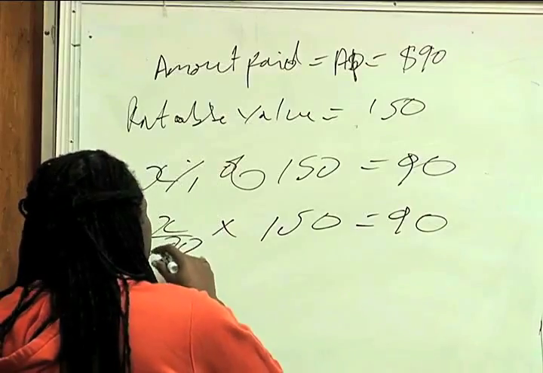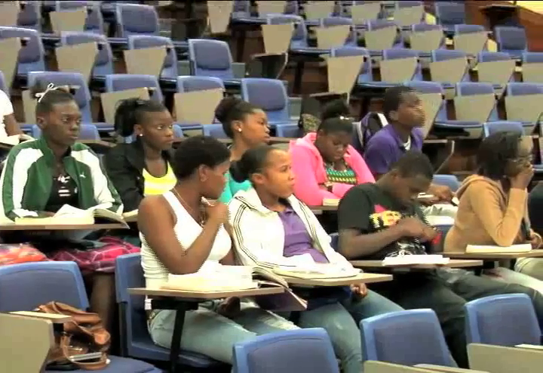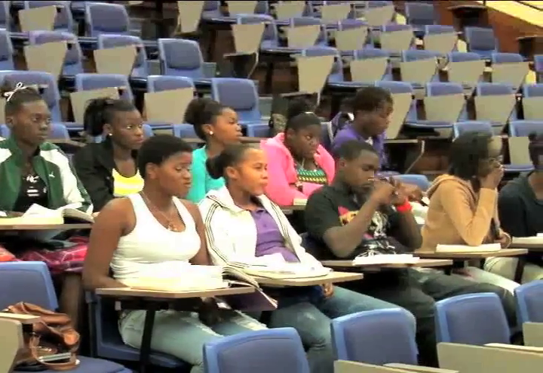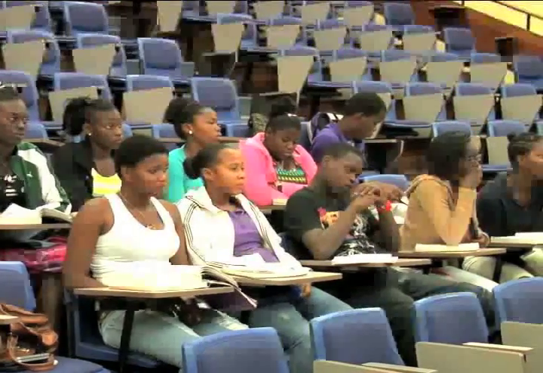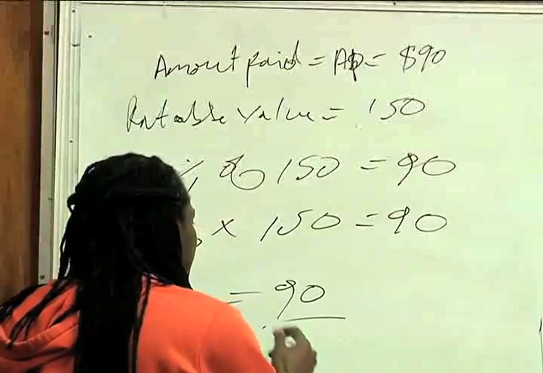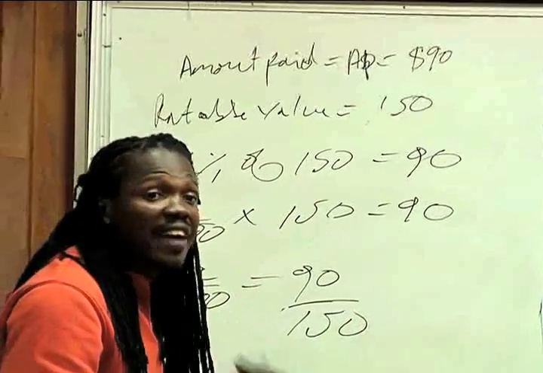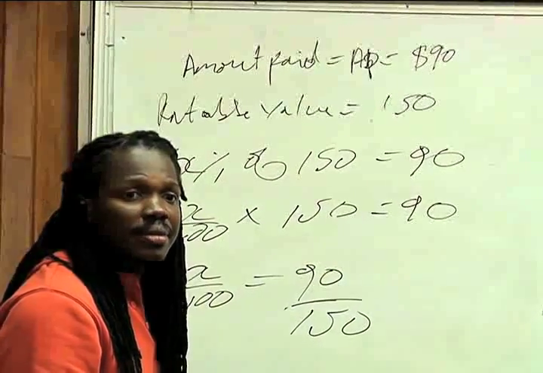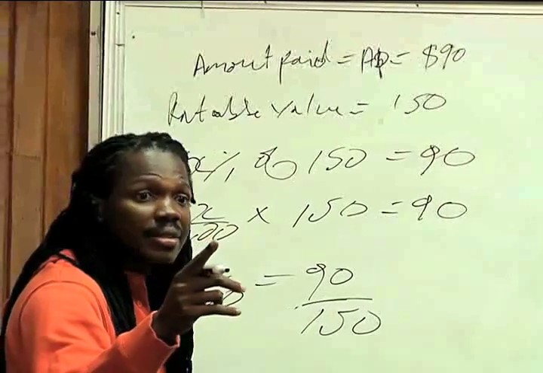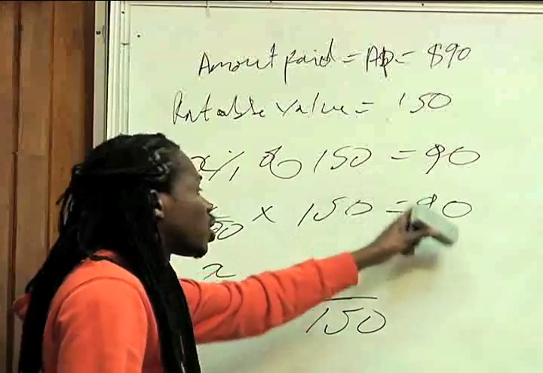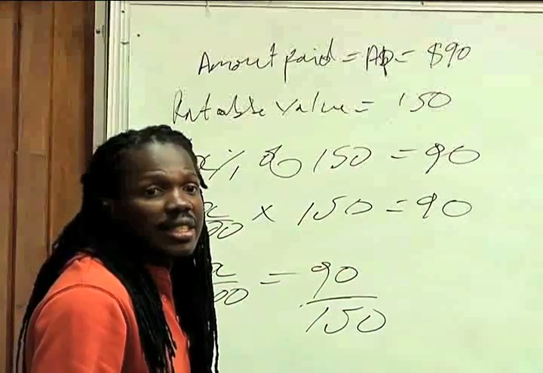That means X over 100 equals 90 divided by 150. Because 150 has the least relationship with X, you have to get rid of it quickly. It is here as a multiply, so it goes over as a divide.